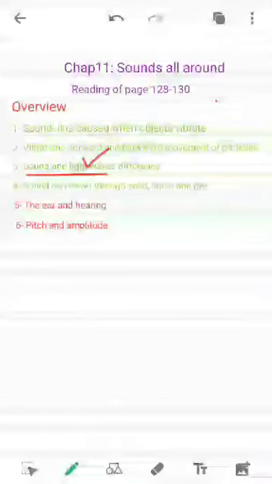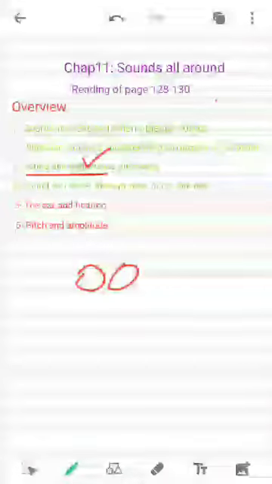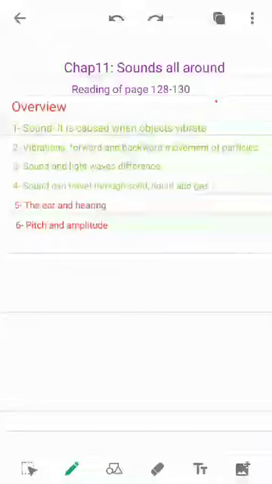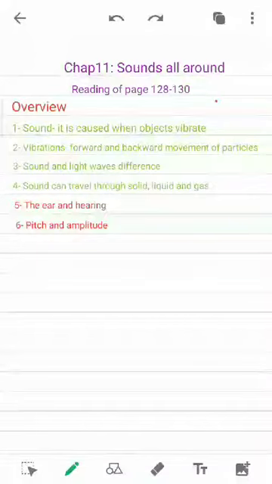But light does not require the particles present all around us. For example, the light from the sun reaches us through space, and space does not have any particles in it. So light does not need any particles to travel, but sound needs particles to travel.